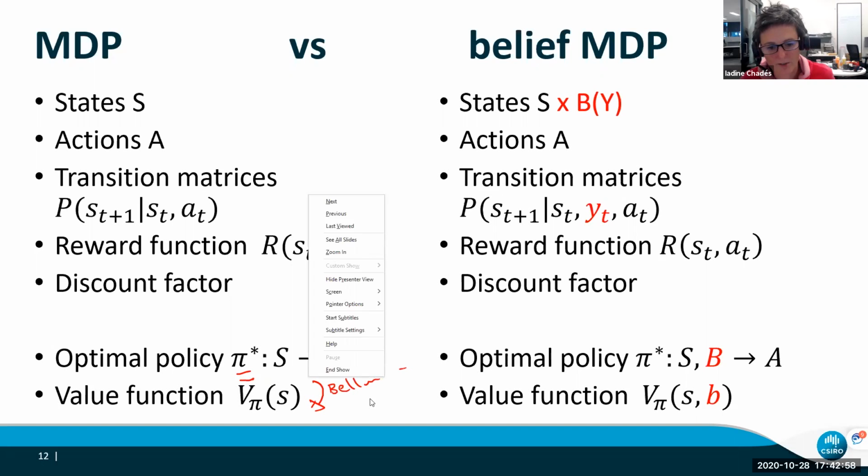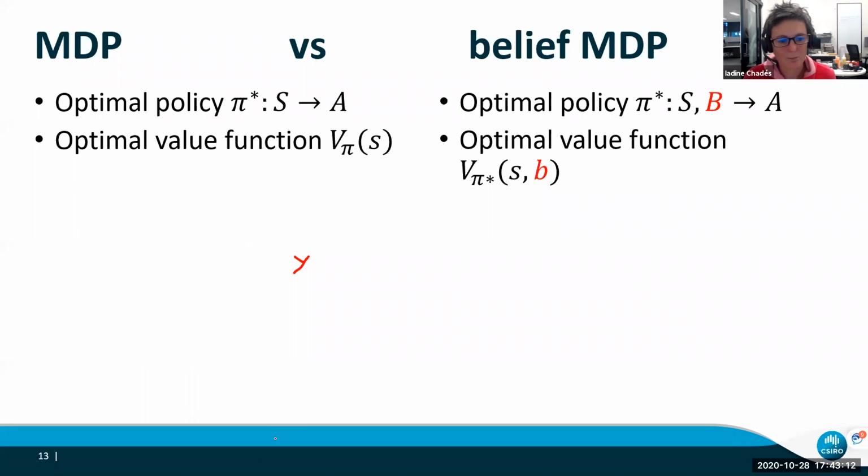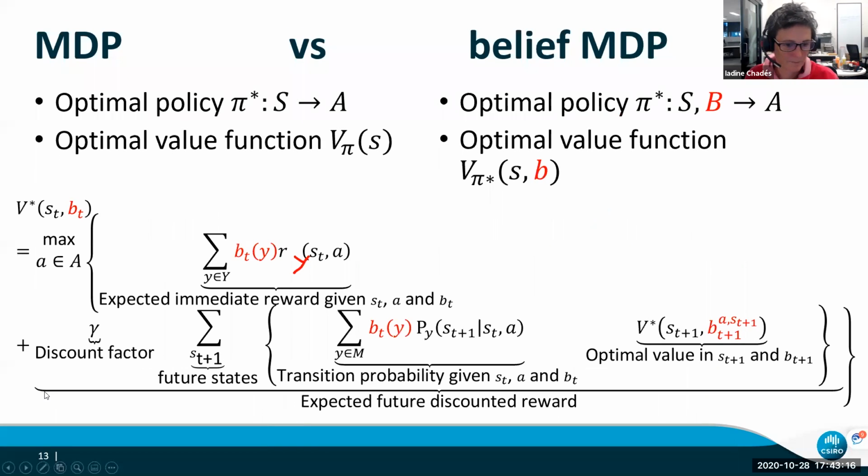The Bellman equations are the key, a key way of actually finding the optimal value function, right? And so for that Bellman equation for MDPs, you just remove everything that is red, and that's basically the expected sum of reward.